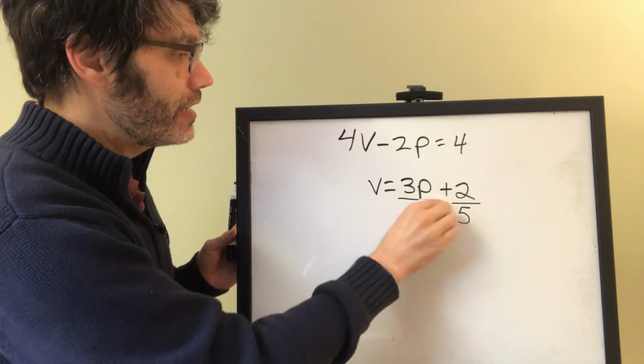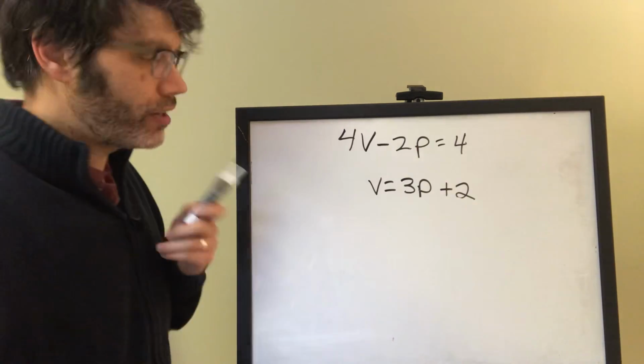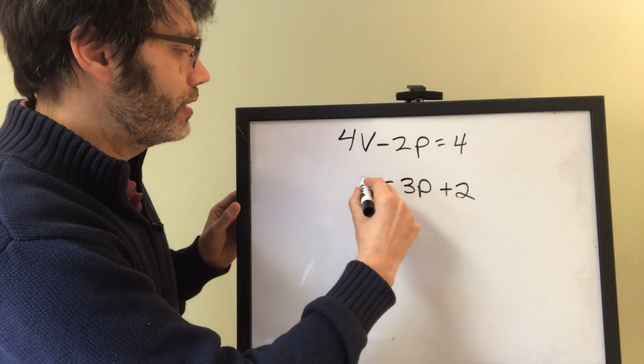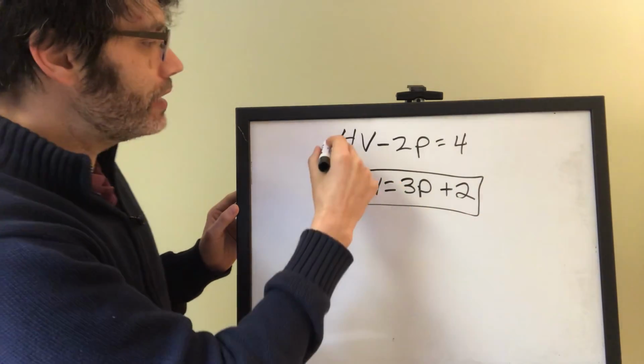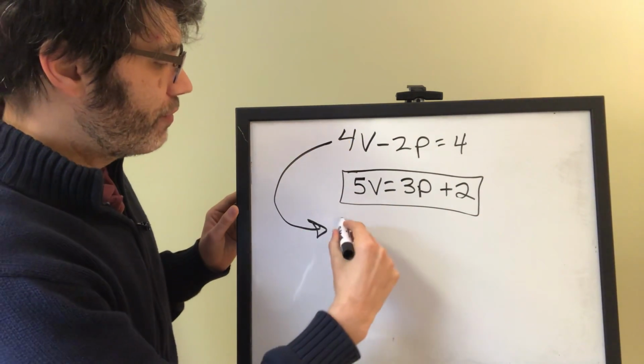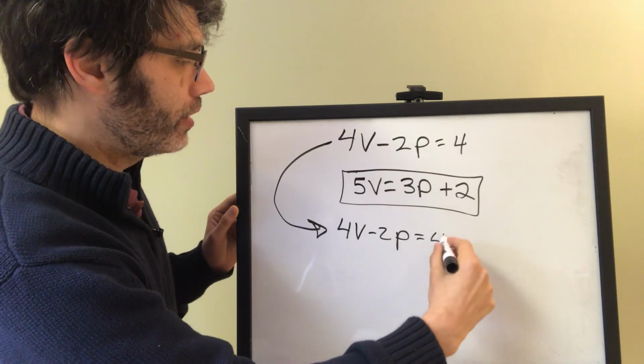What I would suggest is keeping this equation completely how it was originally. Let's look at this equation: 4v minus 2p equals 4.